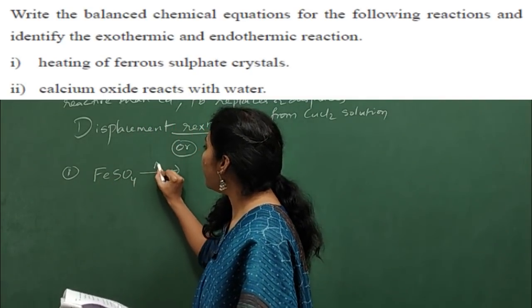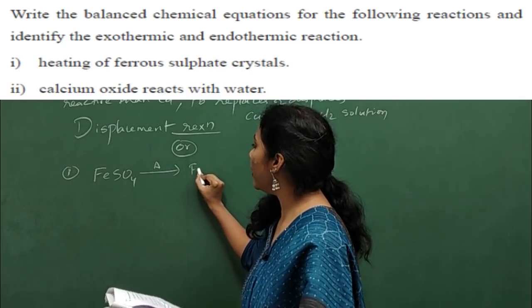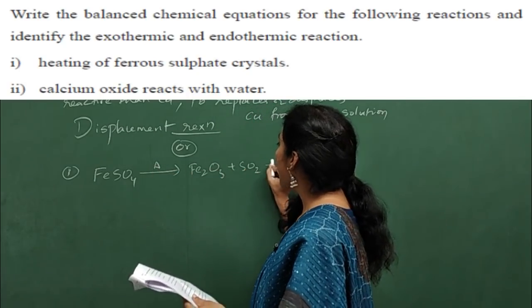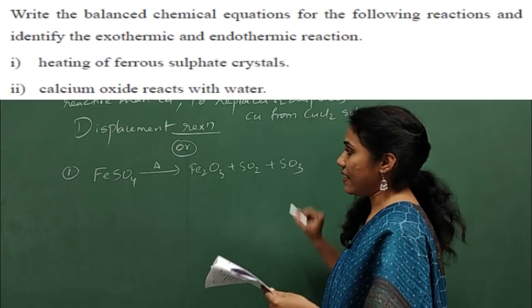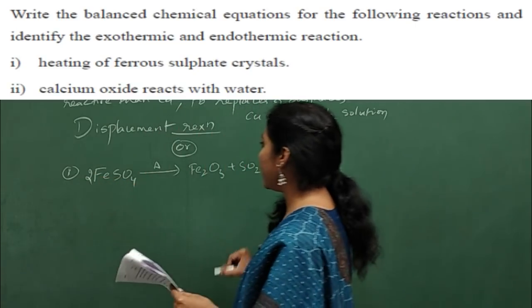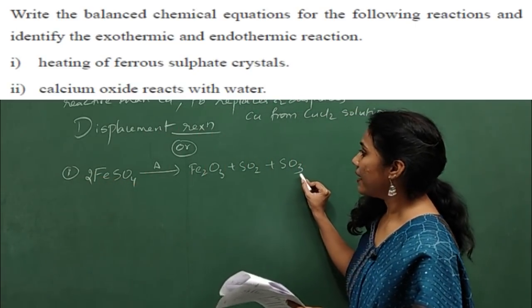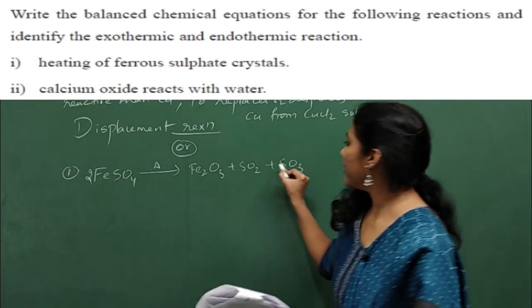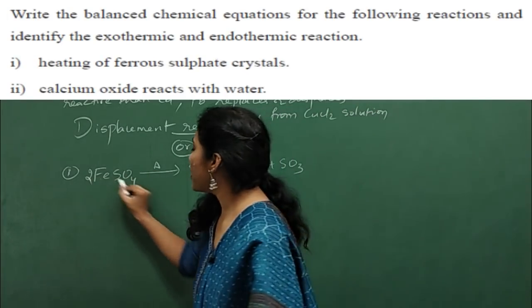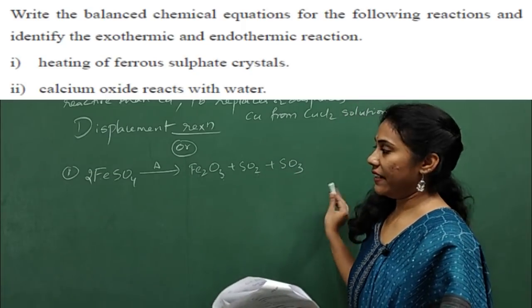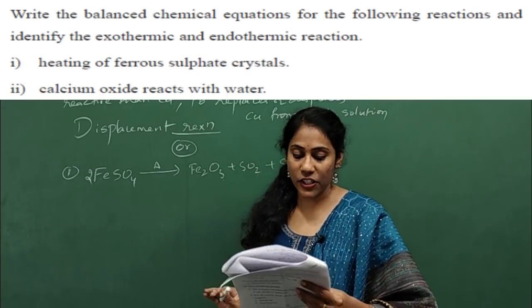So when you heat ferrous sulfate crystals, you will get Fe2O3 plus sulfur dioxide plus sulfur trioxide gases, right? So how do you balance this? We'll put 2 there. So is it balanced? Yes. 2 iron, 2 sulfur, here 1, 2 sulfur, 2 4s are 8 oxygen, 3 plus 2, 5, 6, 7, 8. Okay, so now this is a balanced equation.